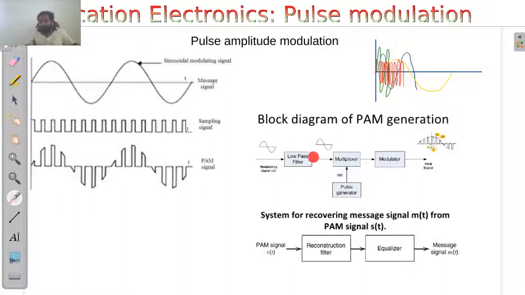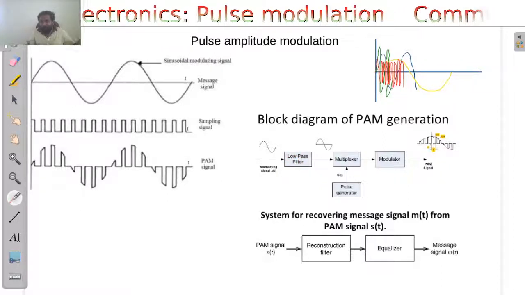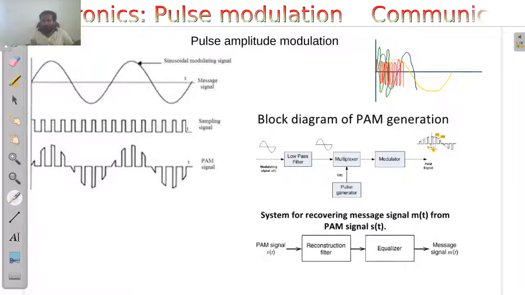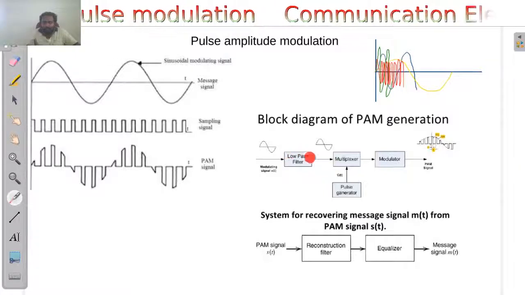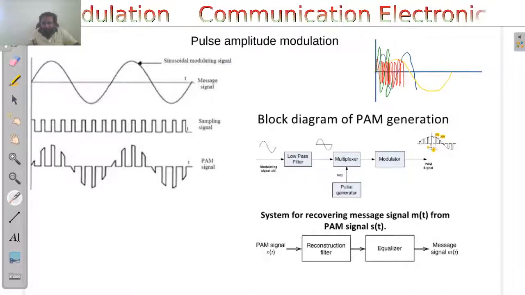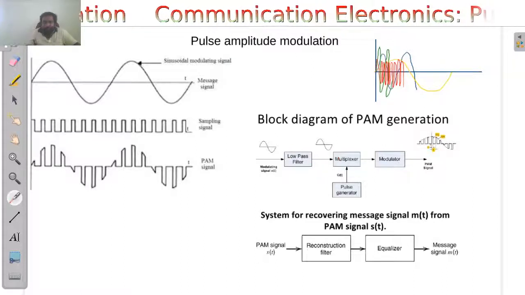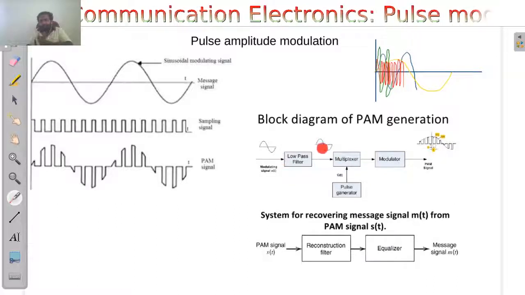I will ensure that my cutoff frequency for the low pass filter is much lower than this red colored wave. In that case, the red colored wave will not be allowed to go into the next stage.